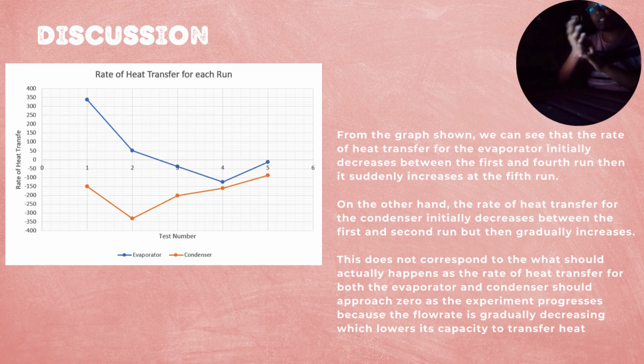Unfortunately, this does not correspond to what should actually happen, as the rate of heat transfer for both evaporator and condenser should approach zero as the experiment progresses, because the flow rate is gradually decreasing, which lowers the capacity to transfer heat.